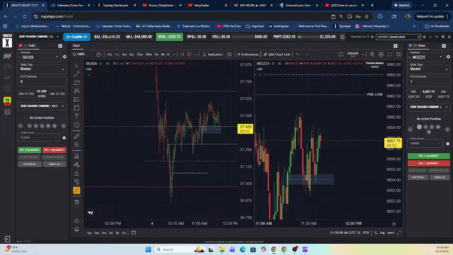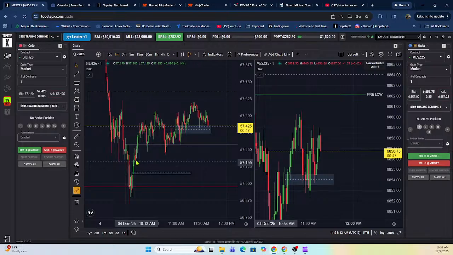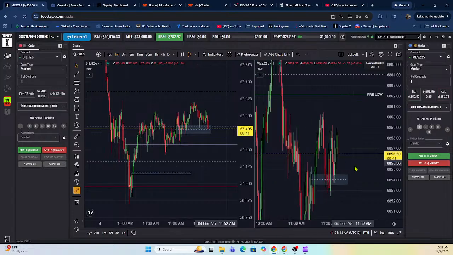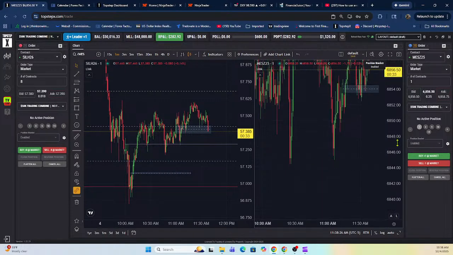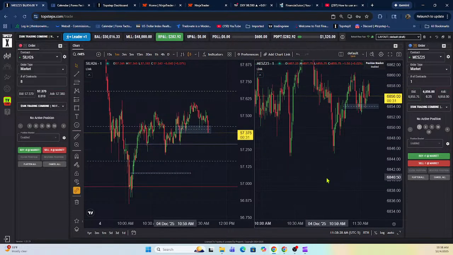So I'm only just now back up to 50,000 because I've been doing that buying here and then getting smoked on a lower high. Like over here on the equities, that's a much lower high or higher low. It is a higher low, and in NQ it pushed and made a lower low.